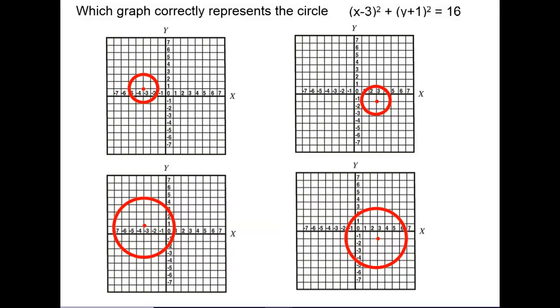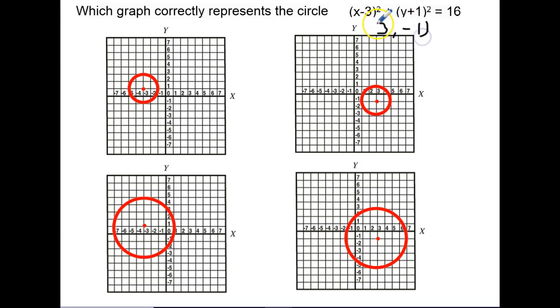And here's one for you to try going backwards. I give you the equation of the circle, and you've got to find the correct picture. So looking at the equation, remember they look like they're opposite. So h is 3 and k is -1, which means the center of this circle is at 3, -1.